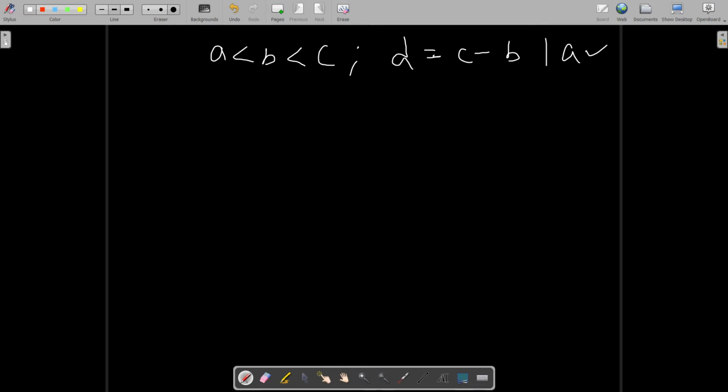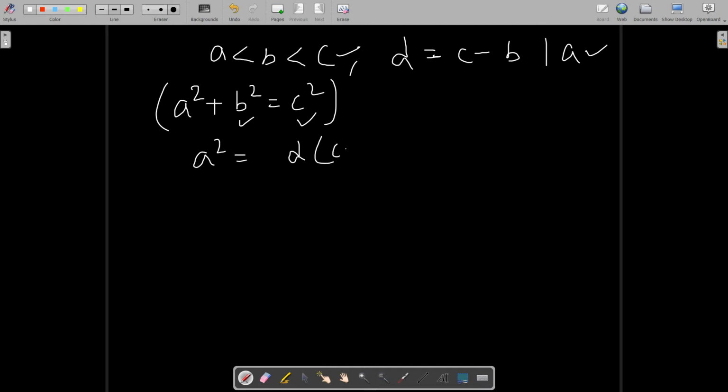Let's see the equation a square plus b square equals c square. This is the equation of a right angle triangle, right? And c is the hypotenuse because it's the greatest side. Taking b square to the right hand side and factorizing, you get a square equals c minus b, which is d, into c plus b, right?